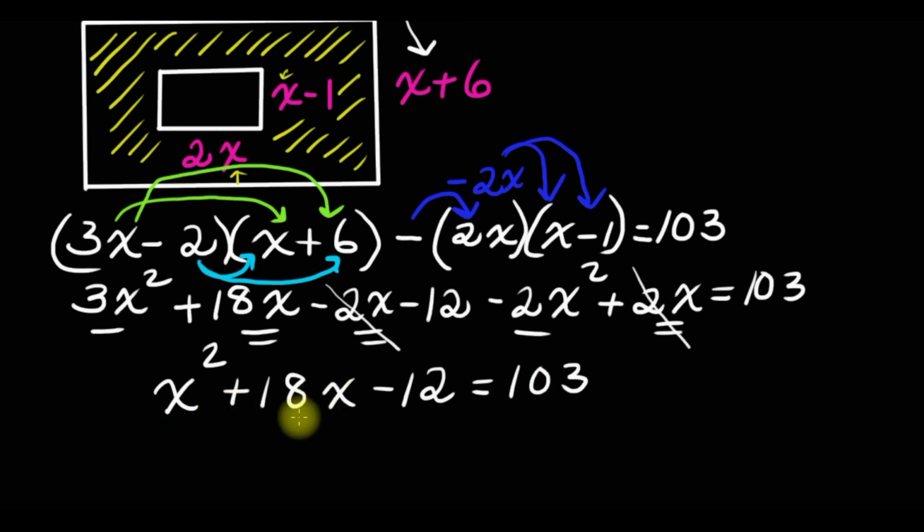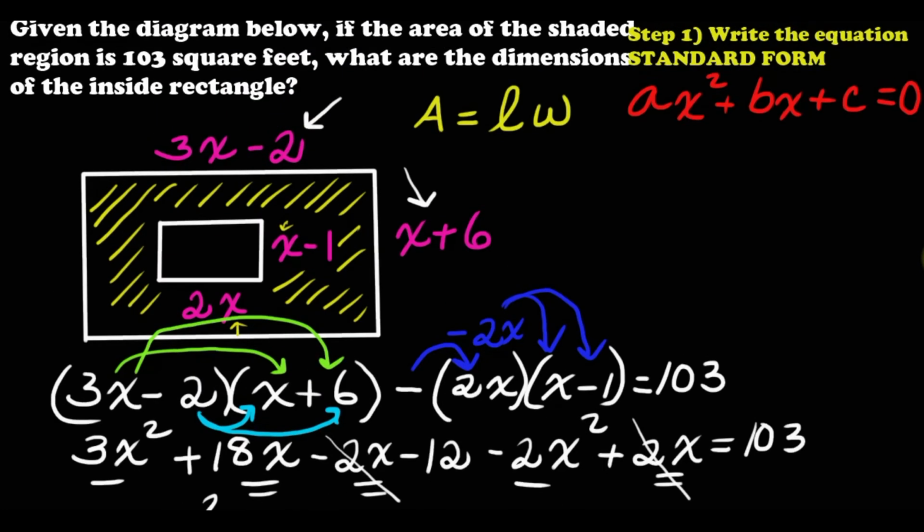Looking at this equation, we have a quadratic equation. We know a few ways of how to solve this, but according to this lesson, we are going to solve it by using the quadratic formula. Let's take a look at what step 1 is.